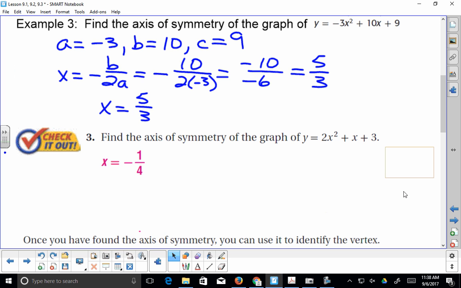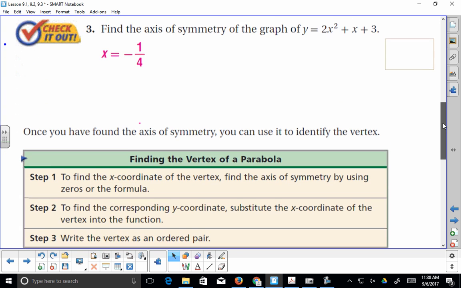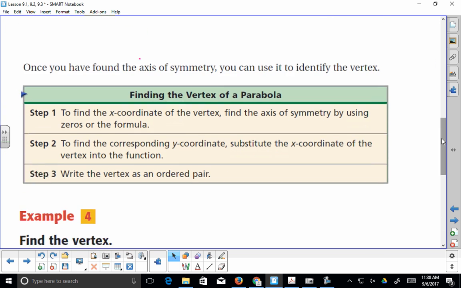So when they ask us to find the vertex when it's in standard form, the first thing we have to do is find the axis of symmetry. And we're going to talk about zeros too. It says to find the x-coordinate of the vertex, find the axis of symmetry by using the formula. We're going to talk about the zeros in a little bit, but we're talking about the formula right now.